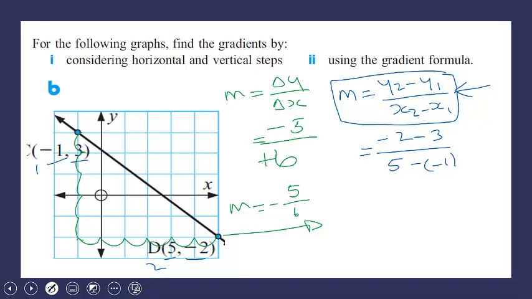Notice that I write two minuses because there's a minus 1 and there's a minus in the formula. So it's minus minus 1. So that is minus 2 minus 3 is minus 5 over 5 minus minus 1. Minus and minus makes plus. 5 plus 1 is 6. And my answers are the same. M equals minus 5 over 6.